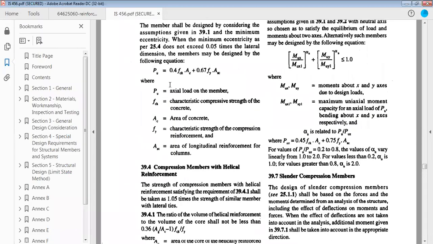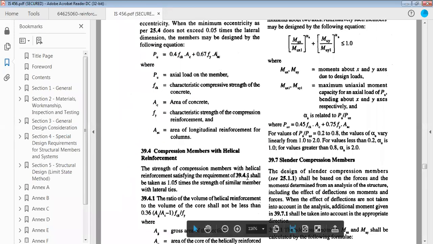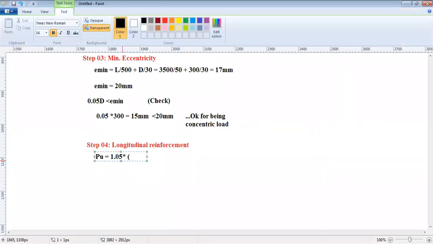The formula which was used in the rectangular column has to be used, but you have to multiply it by 1.05 times. The strength has to be taken 1.05 times more here. So this is 0.447 fck into Ag.